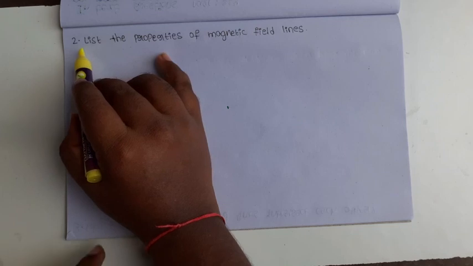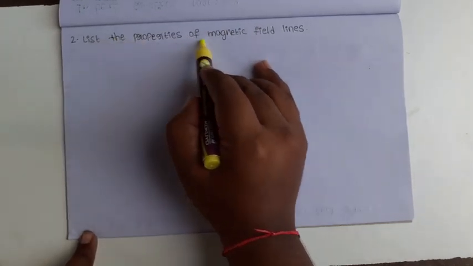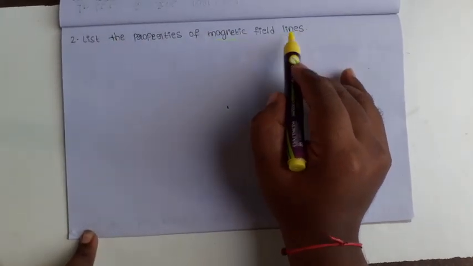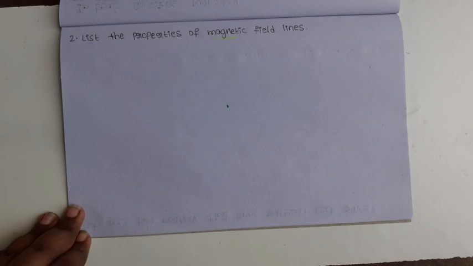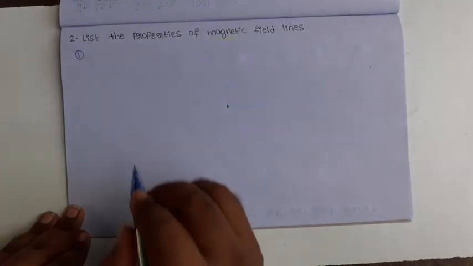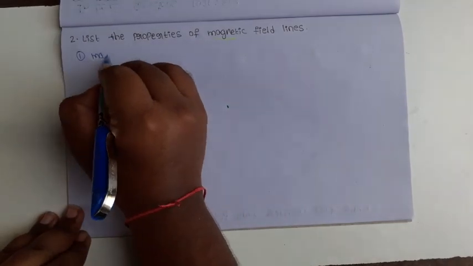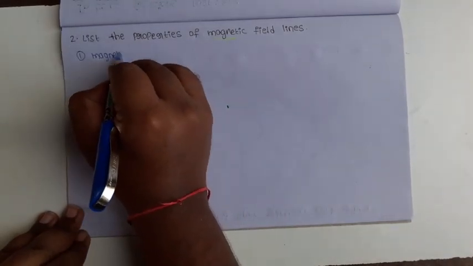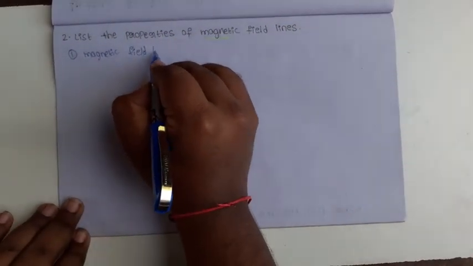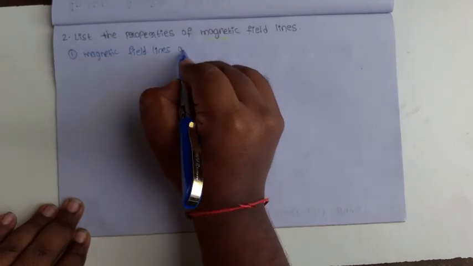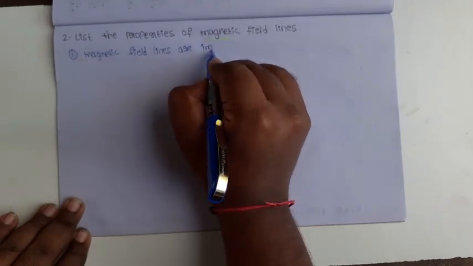Next question. List the properties of magnetic field lines. We already discussed the properties of magnetic field lines. Once more I am going to repeat. What is the first property? Magnetic field lines are imaginary lines.